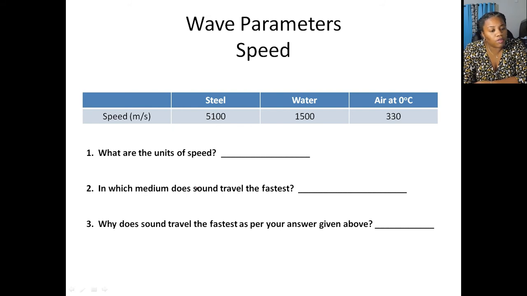Why does sound travel the fastest as per your answer given above? Yes, because steel is the densest of the 3, so you have more rigidity, more atoms, and therefore more vibrations happening. And so because sound needs matter to travel, steel is the perfect medium for it to travel through.